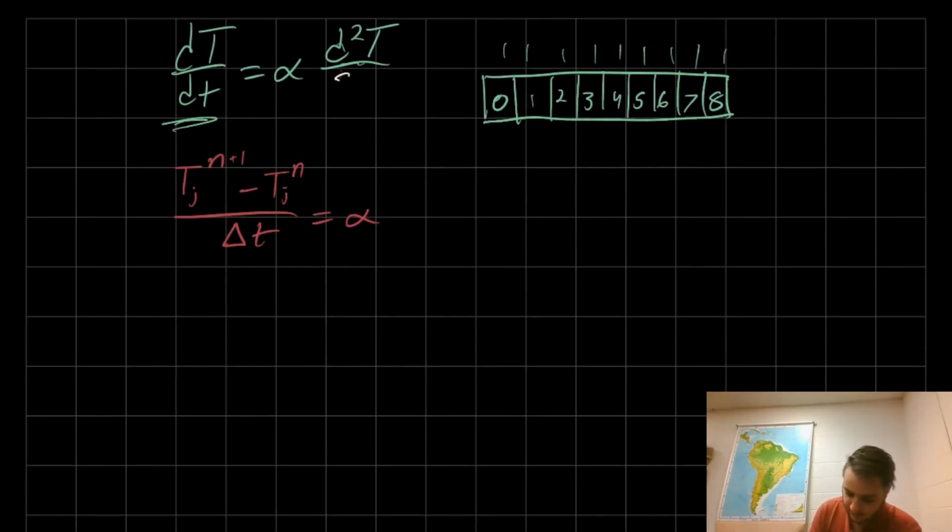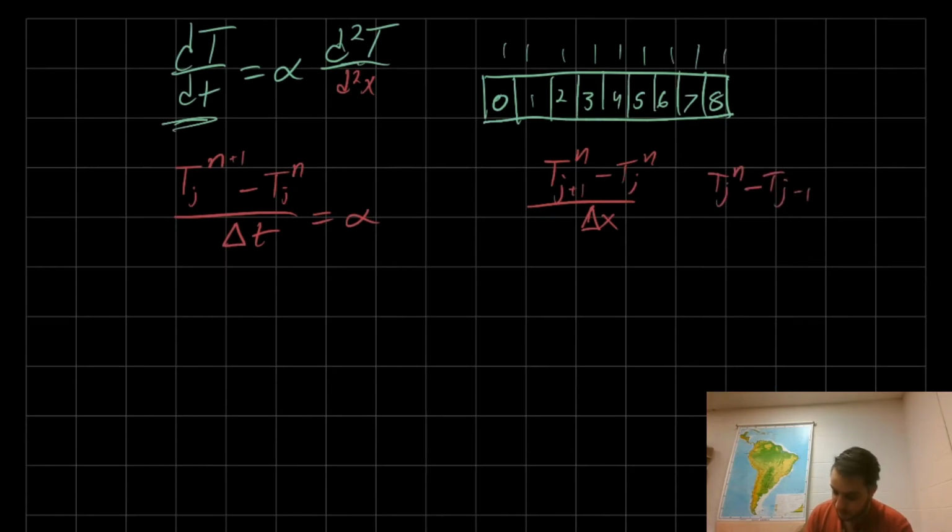Oh, that cannot be that, it's d squared of x. So in this first part, it is T_{j+1}^n minus T_j^n over delta x, and then it's the derivative of that. So we need T_j^n minus T_{j-1}^n over delta x.